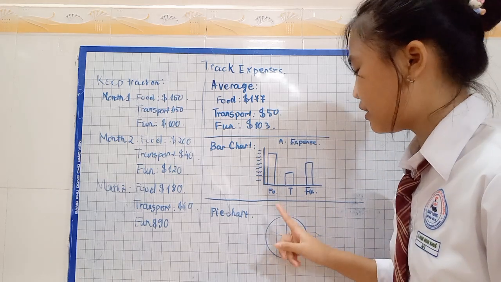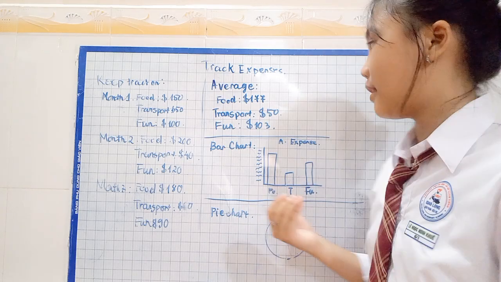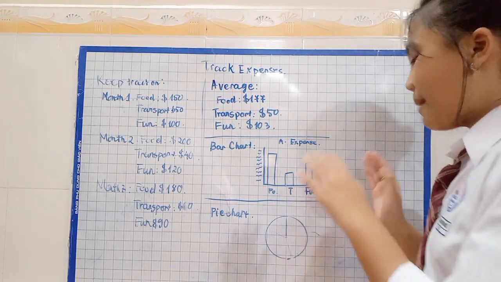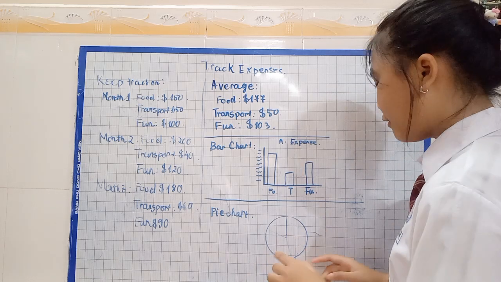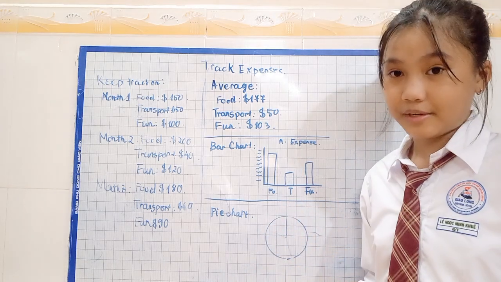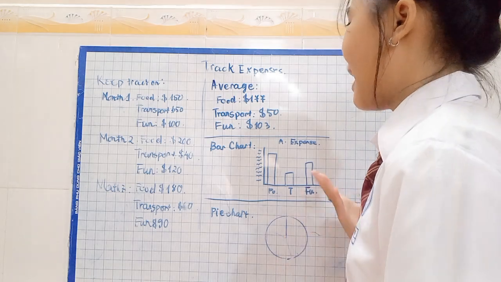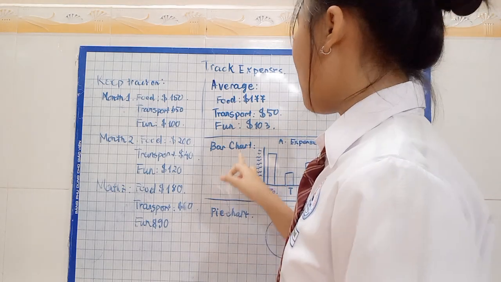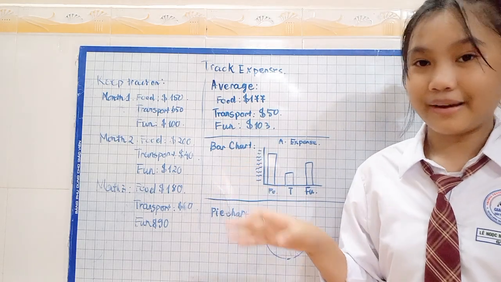Because transportation is only $50, and food is $177. Based on the ratios and angles, you could see that it does have a really big difference, right? That's basically it on pie charts and bar graphs. Bar graphs, not bar charts, sorry.